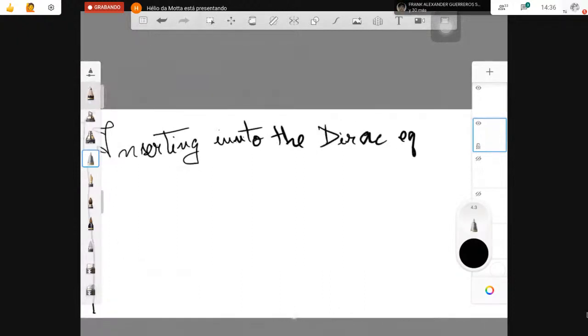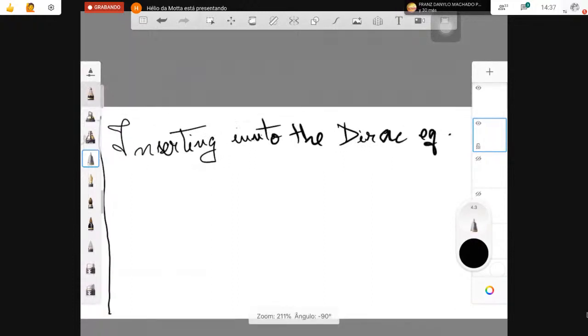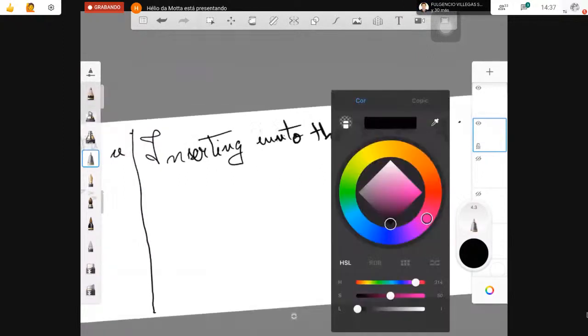So inserting this in the Dirac equation, and here's the Dirac equation.